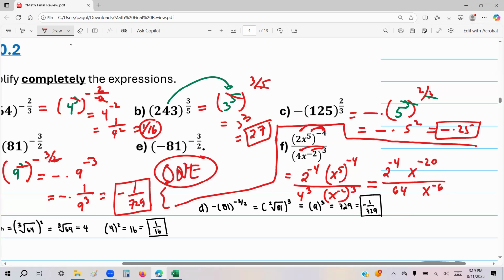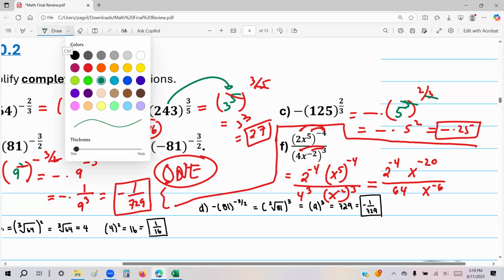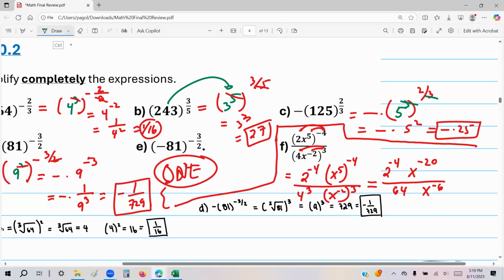Now, Asim, I noticed your solution. You got the answer wrong here. That's why I told you, do not do anything until you convert all the negative into positive. This negative will come down because it is a negative power. This negative will come down because it's a negative power. This negative will go up because it is a negative power. So rearrange everything so that you have no negative power.